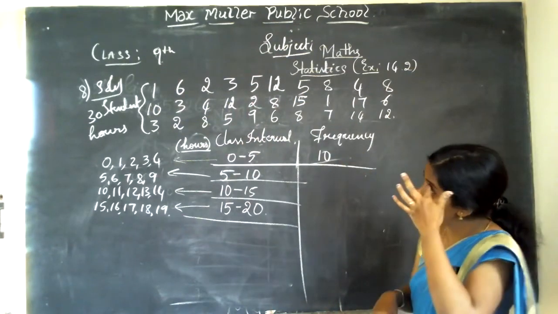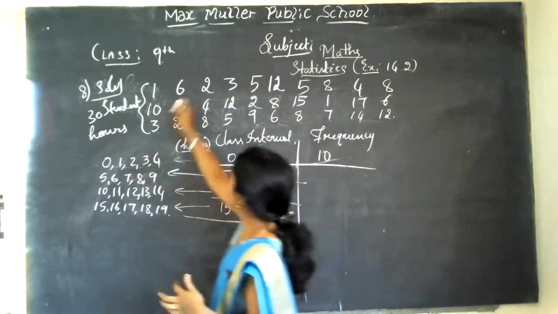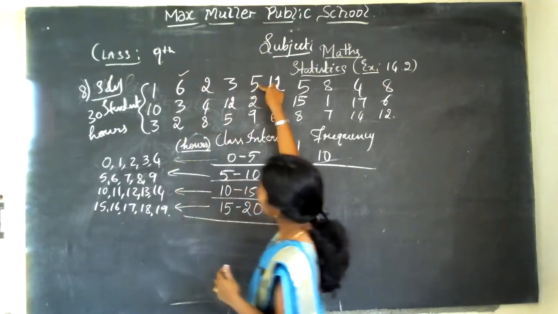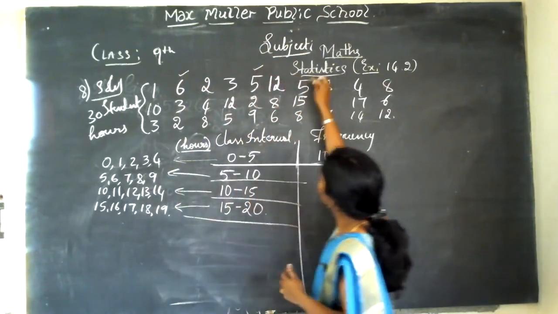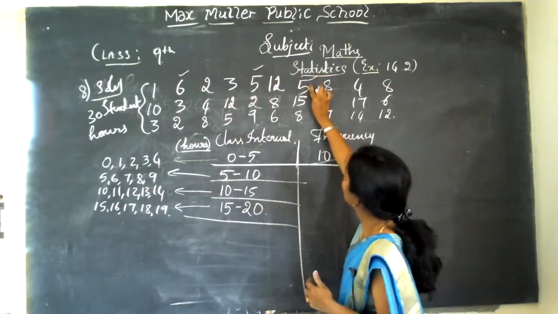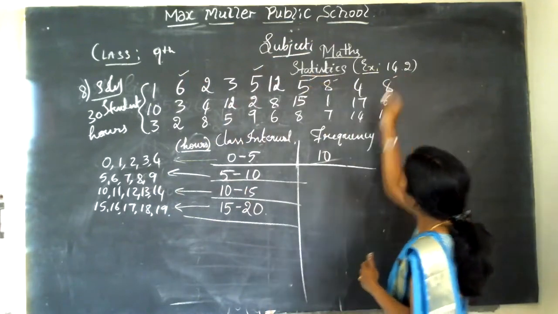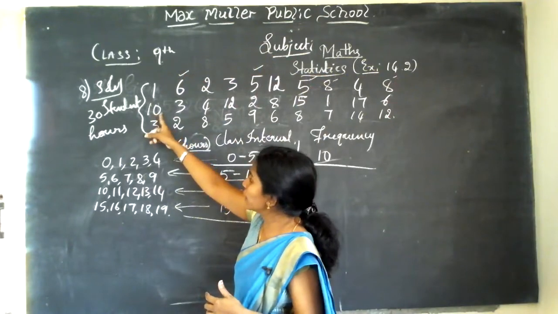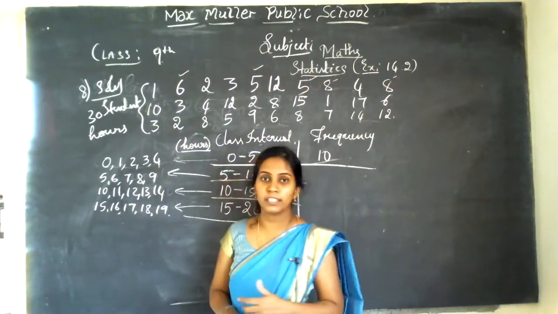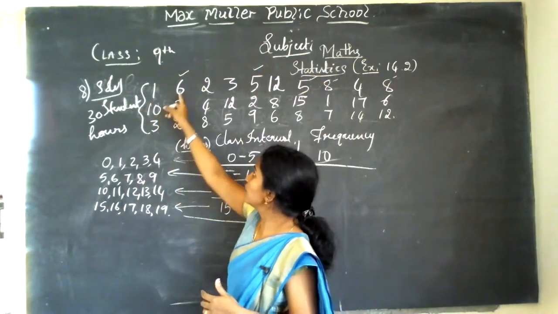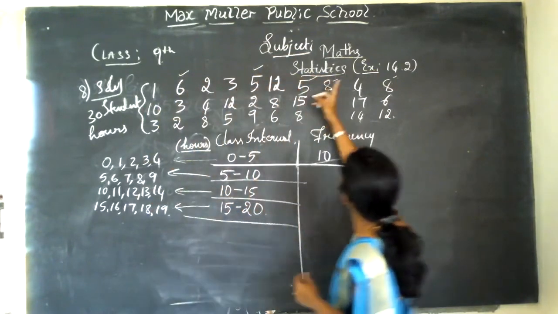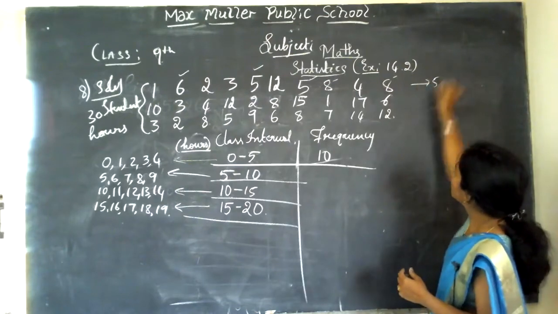Count it again. 1, 2, 3, 4, 5, 6. Don't include 10, because you have to include it in the third row. So how many have I written in the first row? 1, 2, 3, 4, 5. You have 5 in the first row.